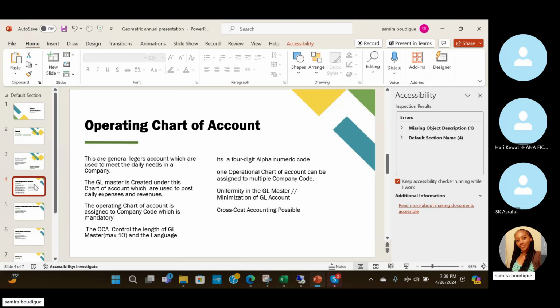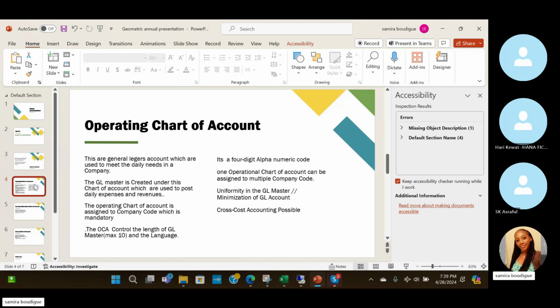Without the operating chart of accounts, we cannot create the general ledger master, because we need the operating chart of accounts in order to create the general ledger master. The operating chart of accounts is connected to a company code, and it can also be used for different company codes.